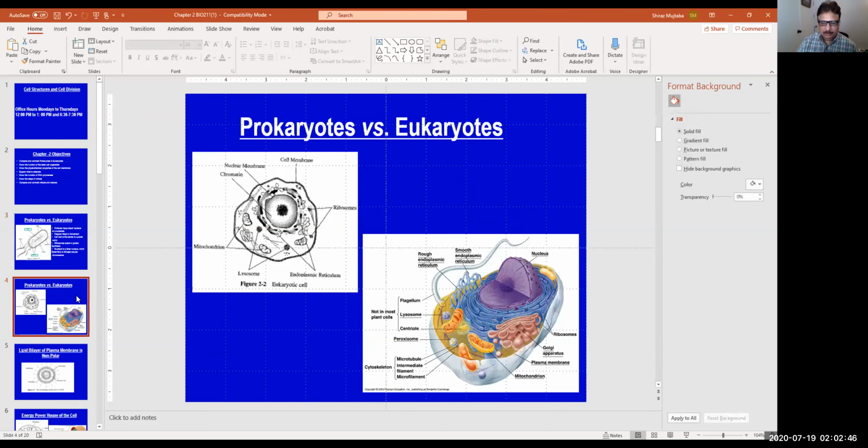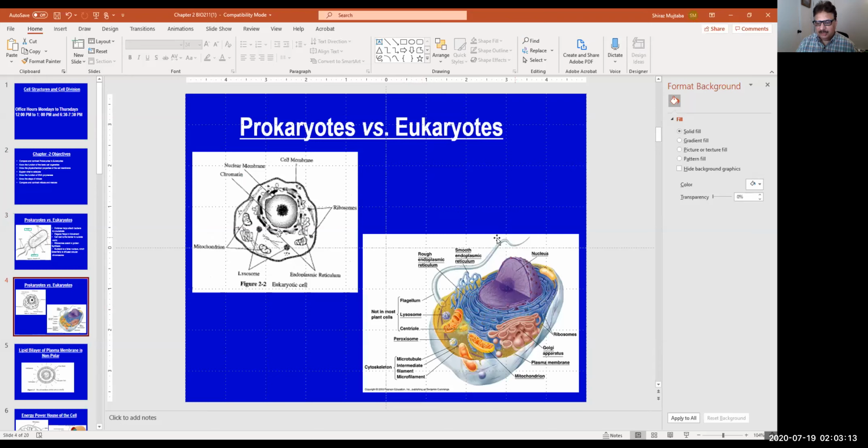If we compare eukaryotic cells, they have a nucleus which contains chromosomes, and the nucleus is separated from other parts of the cell by the nuclear membrane or nuclear envelope. Within the cytoplasm, you have ribosomes, Golgi apparatus, then mitochondria. These are eukaryotic cells, like algae cells.